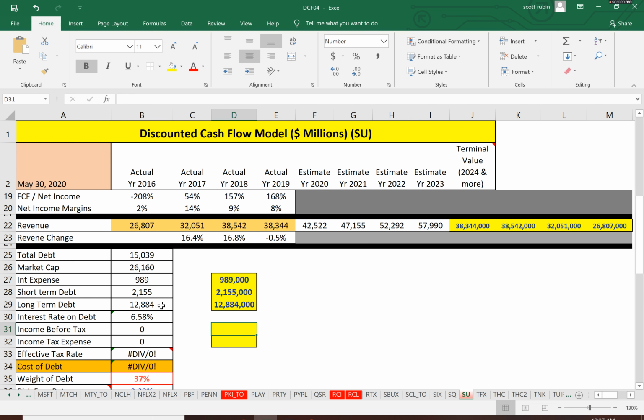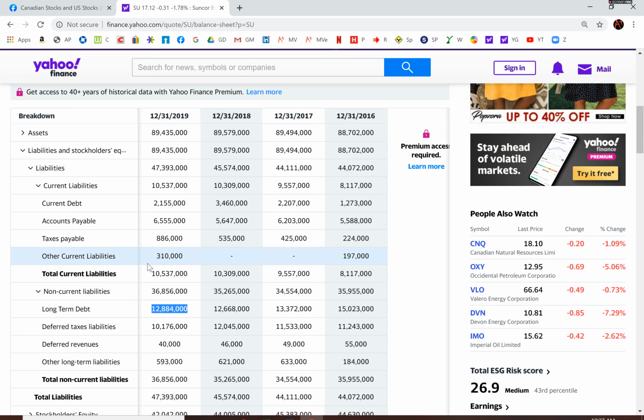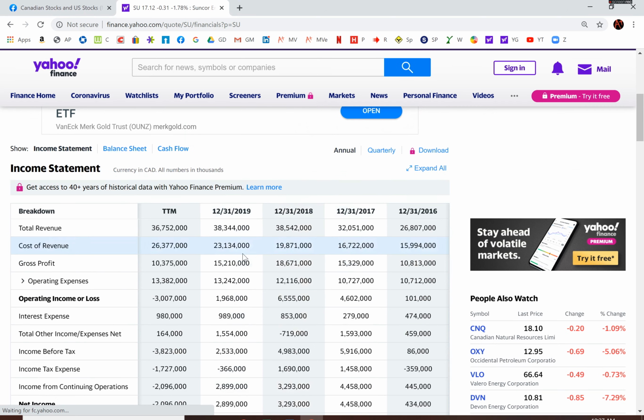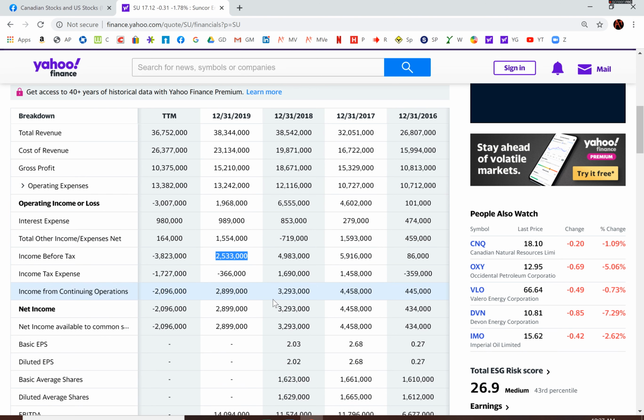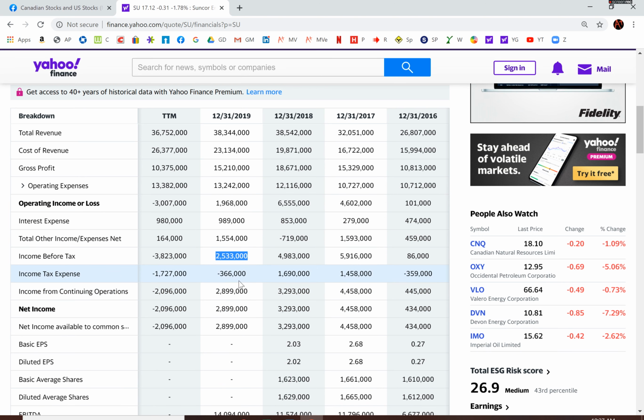But interest is tax deductible, so let's find their effective tax rate. We'll go back to the income statement and the income before tax. This is why it's hard to look at the income statement. Things like this: in 2019, they made $2.5 billion, but they had a $366 million reversal in taxes.